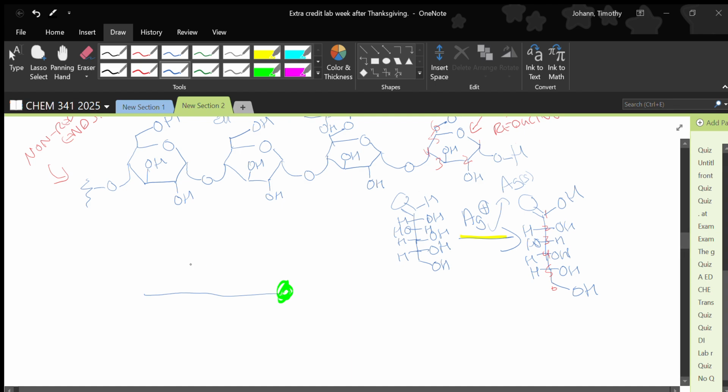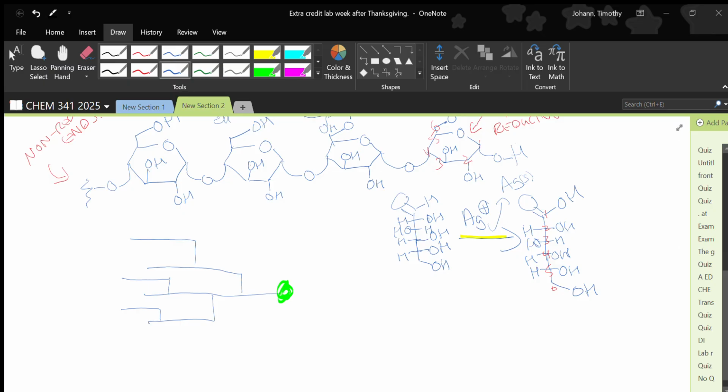And if it branches, now I have 2 places it can grow from, so it can make it twice as fast. Now 3 times as fast, and 4, 5, 6 times as fast, because I have 6 ends that I can add to make this polymer bigger. So that's the advantage of having ends. I can't say why glycogen has more branches than amylopectin.